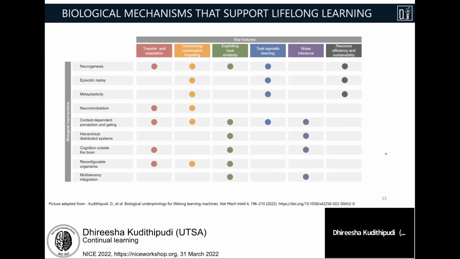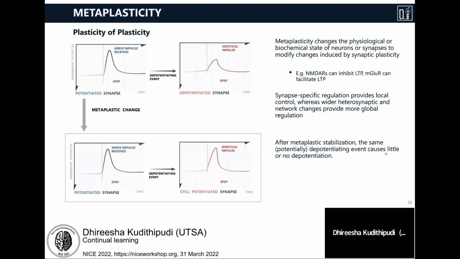So with that, let me talk about the mechanisms we have used in our model. The first one is metaplasticity. Here, metaplasticity changes the physiological or the biochemical state of neurons or synapses.